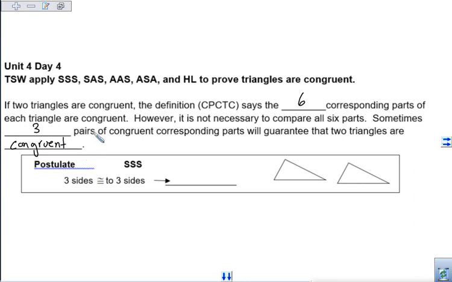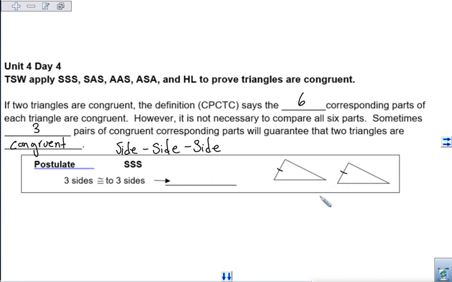So we have 5 different ways to prove that two triangles are congruent with shortcuts. The first one is the easiest one to recognize. It is side, side, side, meaning that all of your sides would be congruent to all of the sides in another triangle. So your picture would look something like this.